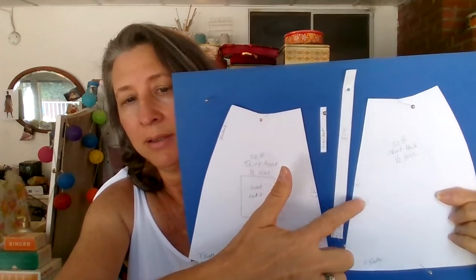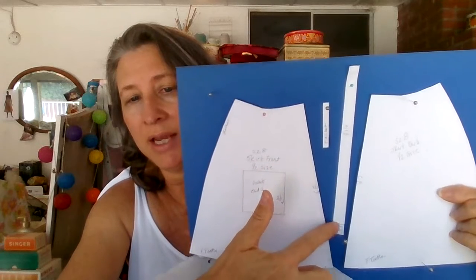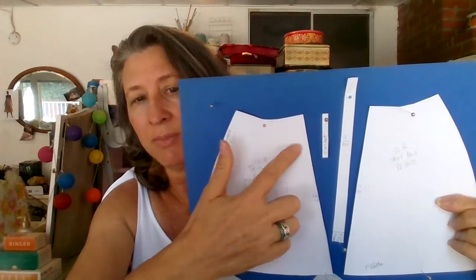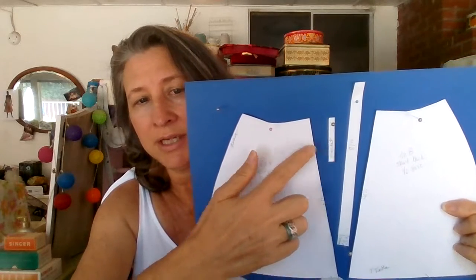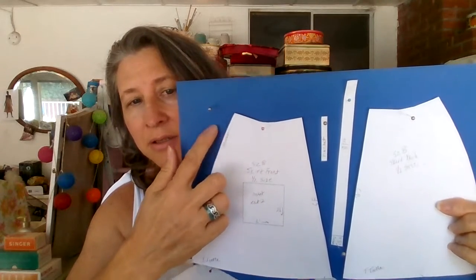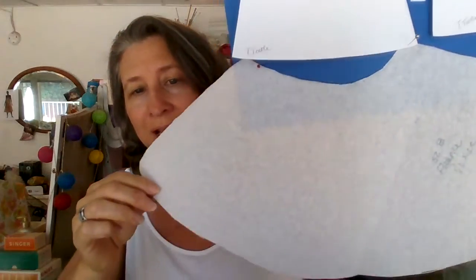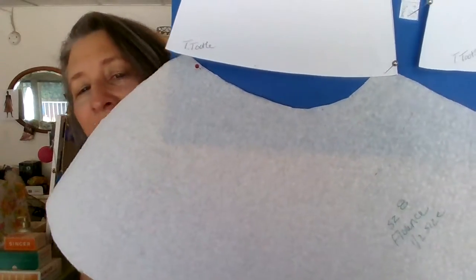So here's the front, here's my back, here's my waistband with an extra inch for closure like a buttonhole. Here's my little placket for the side closure, which I marked here. Here is my flounce. So I don't know if I did this right.